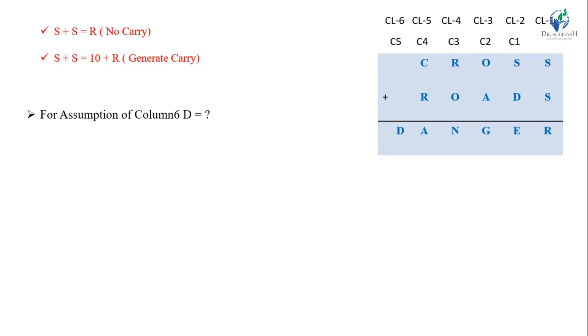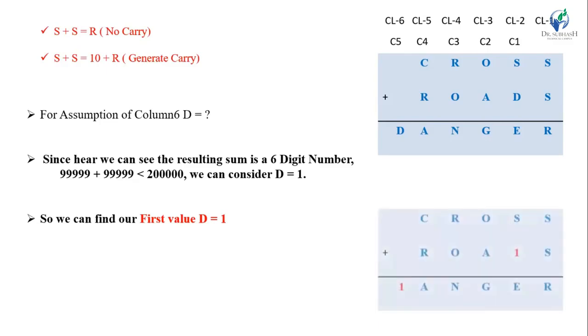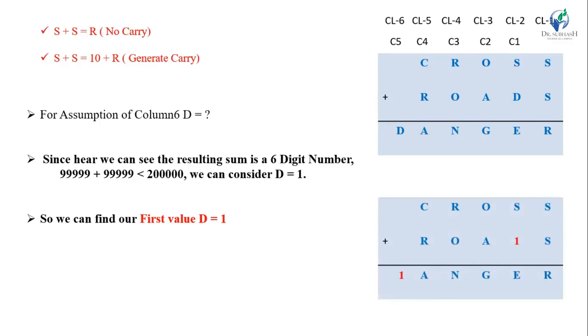So we can predict these numbers can be at most 9, 9, 9, 9, 9, and the addition of these numbers is less than 2 lakhs. So we can easily consider D is equal to 1 because it generates a carry of 1. This way we find our first alphabet's value, D is equal to 1, and put that value in the problem. It looks like this.